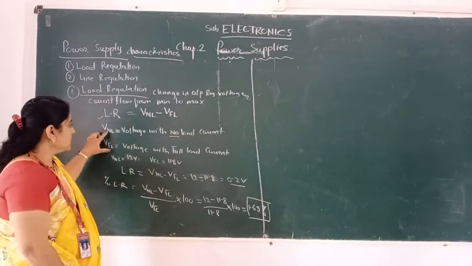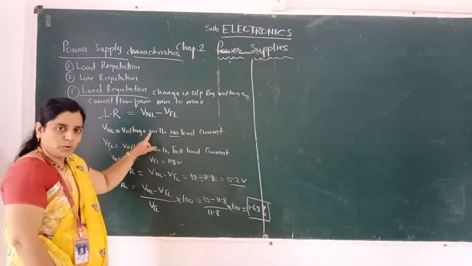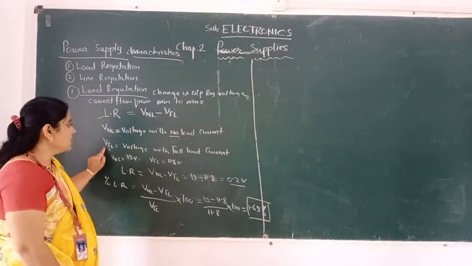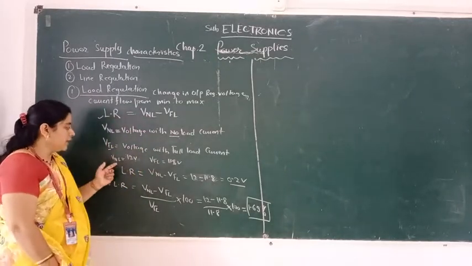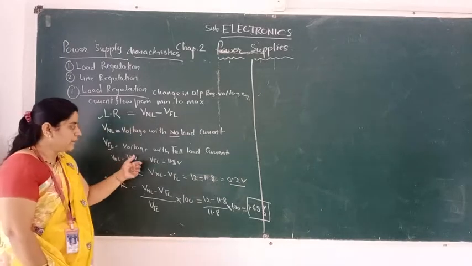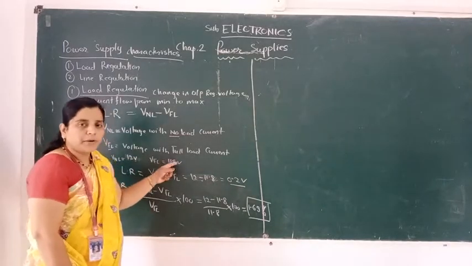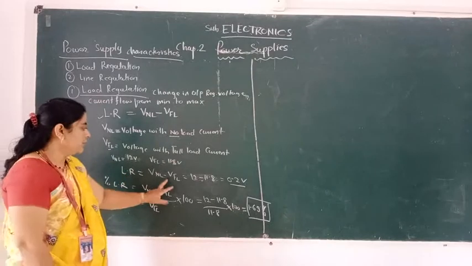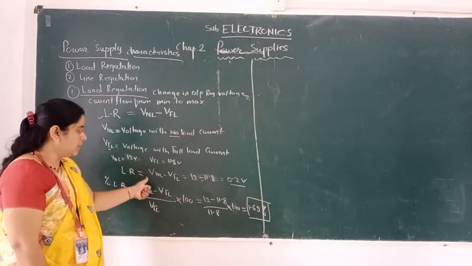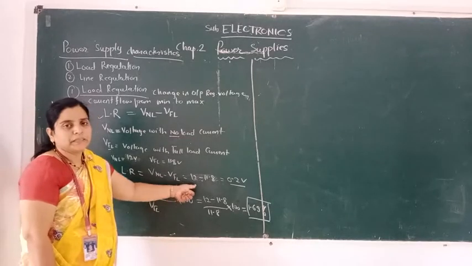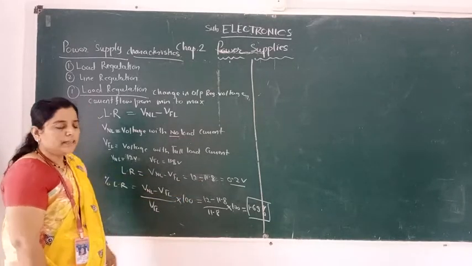VNL is the voltage with no load current, and VFL is the voltage with full load current. Suppose VNL is equal to 12 volt and VFL is equal to 11.8 volt. Then to calculate the load regulation, VNL minus VFL is 12 minus 11.8.